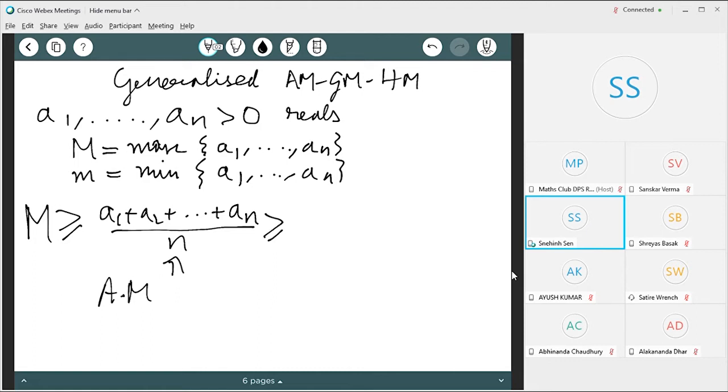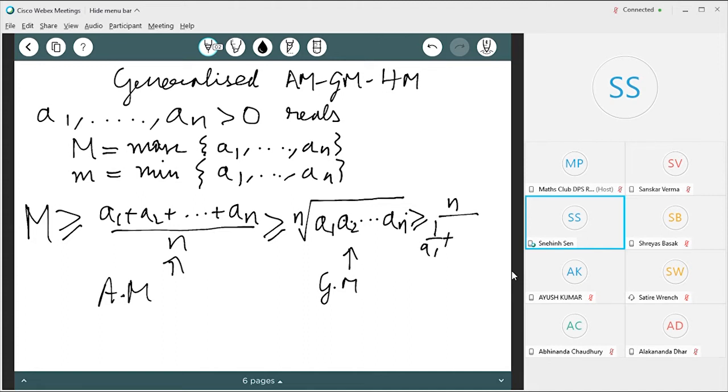This is greater than or equal to the nth root of the product A1, A2, up to AN, the geometric mean, which is greater than or equal to n divided by 1 by A1 plus dot dot dot plus 1 by AN.